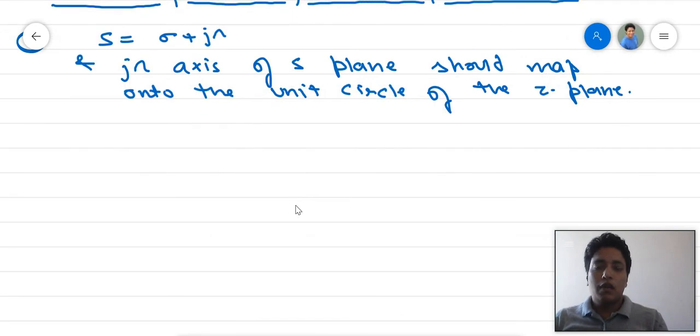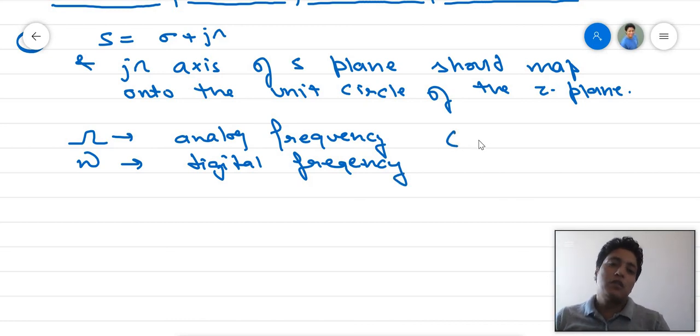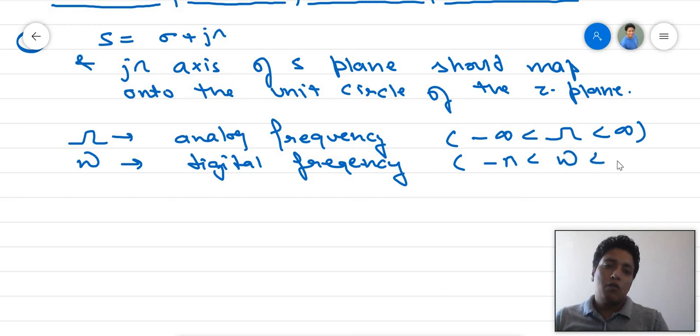We want to clear certain points. Omega is analog frequency, and omega is digital frequency. We know the limits for analog omega are minus infinity to infinity, whereas digital omega will vary from minus pi to pi, that we have already seen.